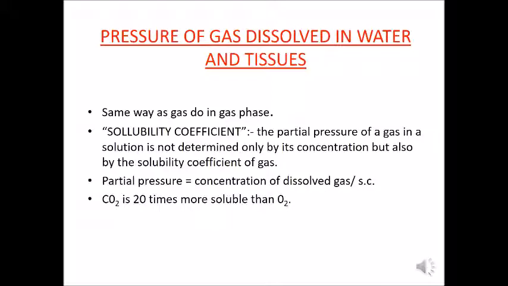The partial pressure of a gas in the solution is not determined only by its concentration but also by the solubility coefficient. So there is an equation. Partial pressure is equal to concentration of dissolved gas divided by solubility coefficient. Now this solubility coefficient of carbon dioxide is 20 times more than oxygen. So we can tell that carbon dioxide is 20 times more soluble than oxygen.